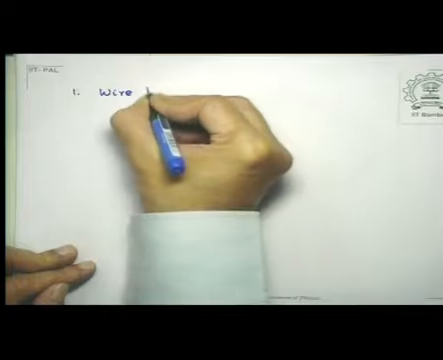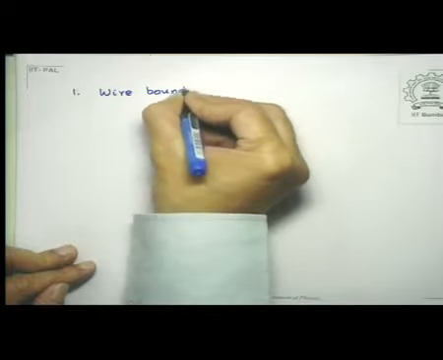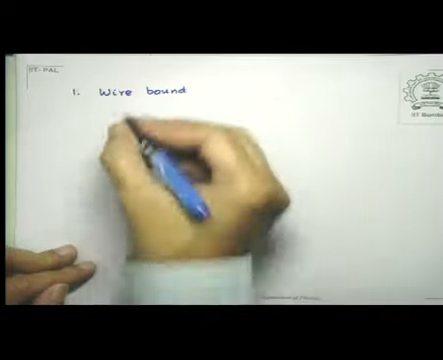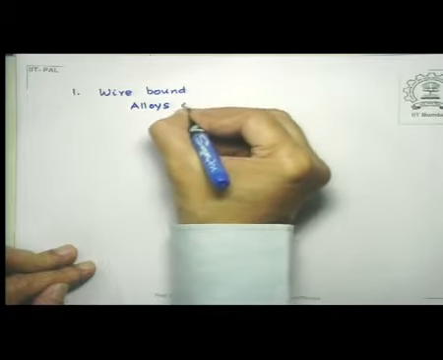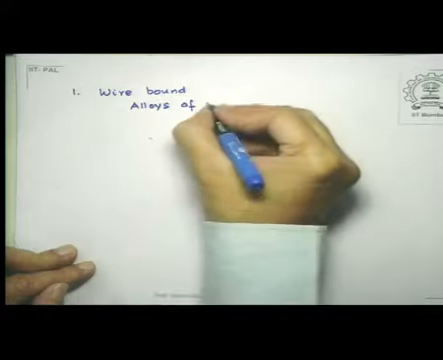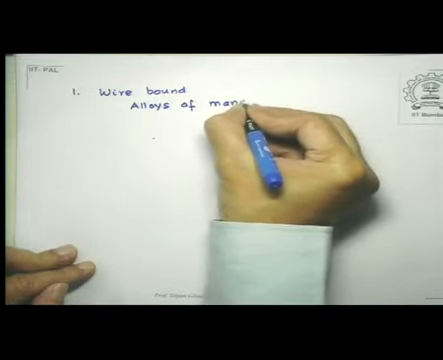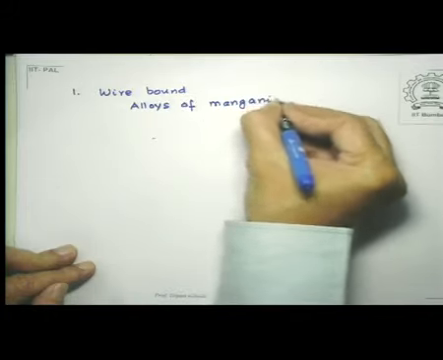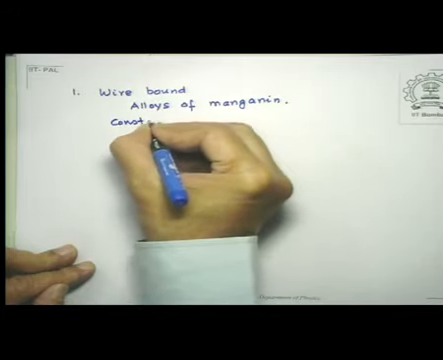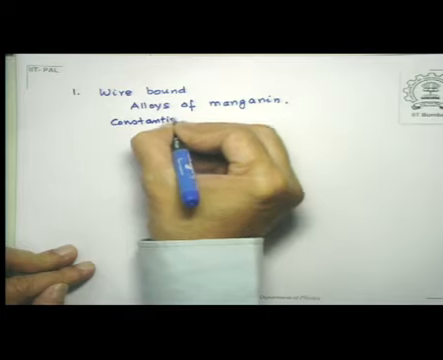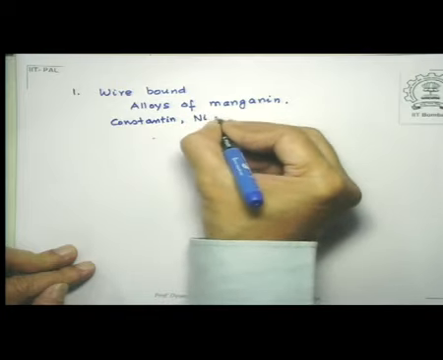There are typically two groups of resistances. The first one is what is called wire bound. These are made of alloys of materials such as manganese, constantan. These are all alloys. Nichrome wires.